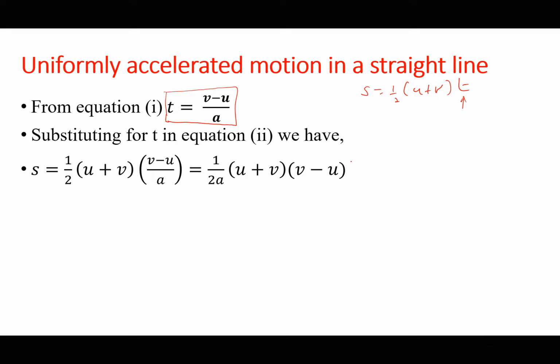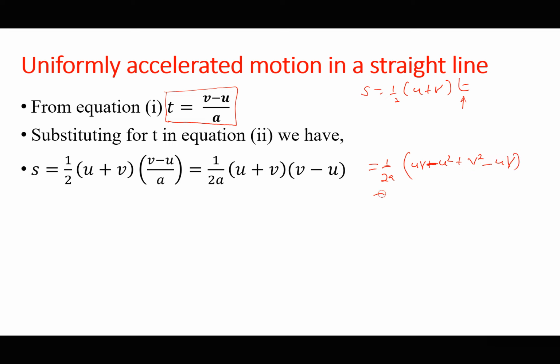I've tried to show you that this is the same as 1 over 2a into uv plus u squared, plus v squared, minus uv, when you multiply those two.